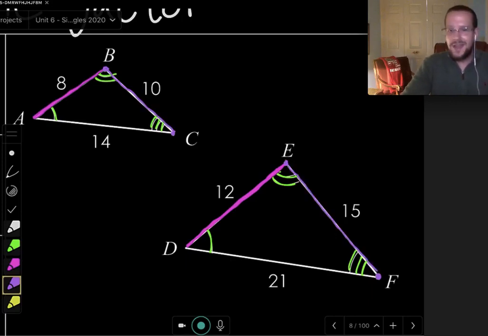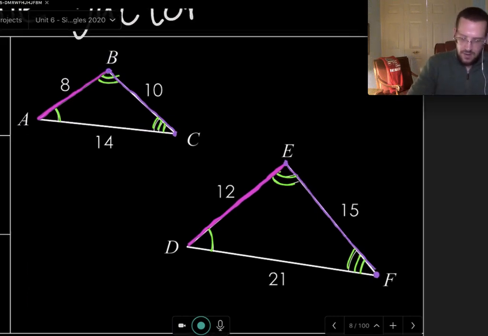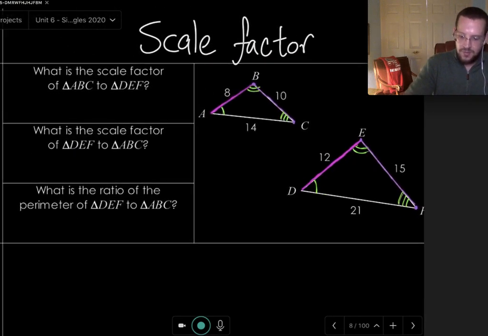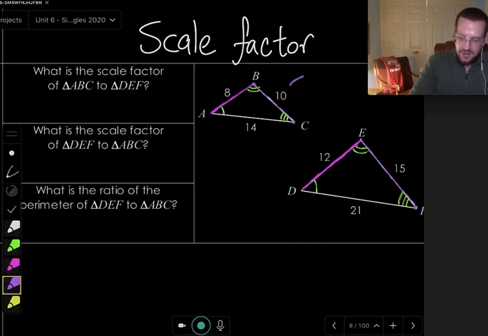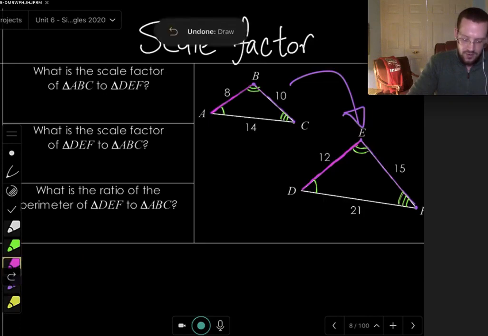Let's look at a ratio between the two sides. What is the ratio from going from ABC to DEF? Well, a ratio we know is a fraction, right? So let's make a fraction. Let's do the first one from our pink side, 8/12.